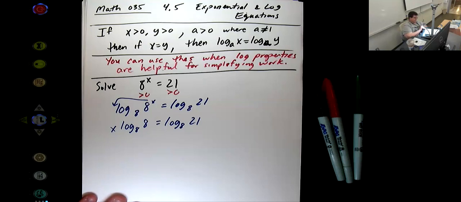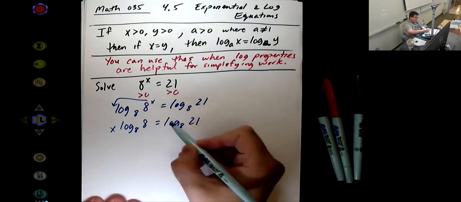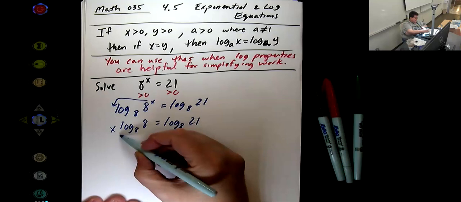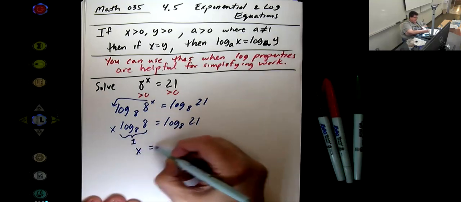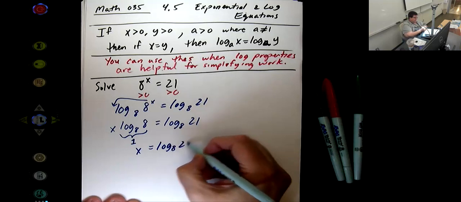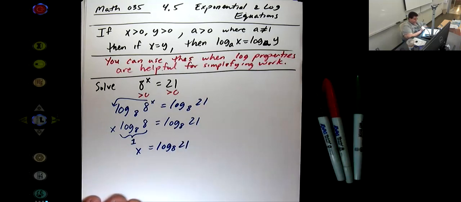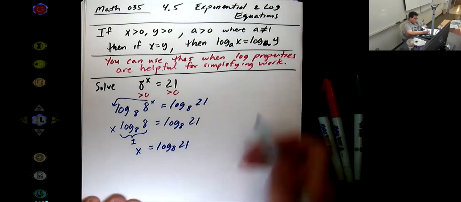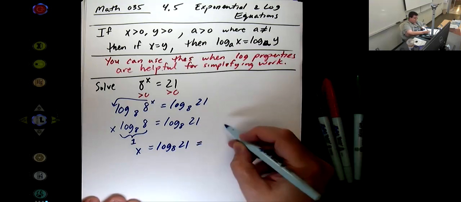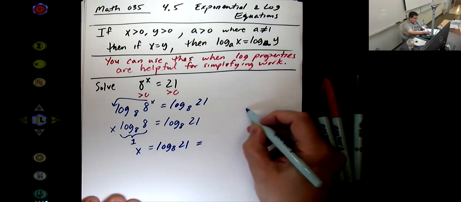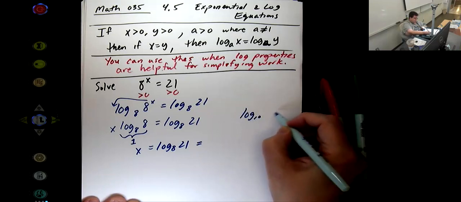This is actually probably the slower way to get to it, but it's definitely accurate. Anything to this base and the argument is the same as 1. So this is x equals log base 8 of 21. We want to find its value. We can switch to bases that we have on our calculator, either log base 10 or log base e.